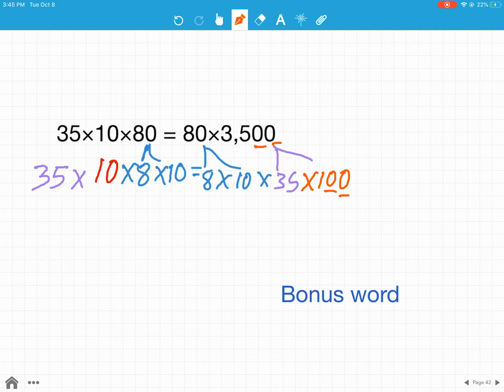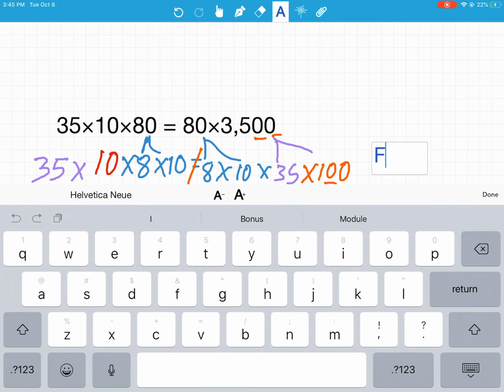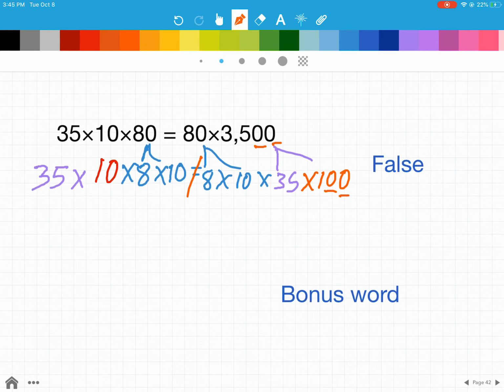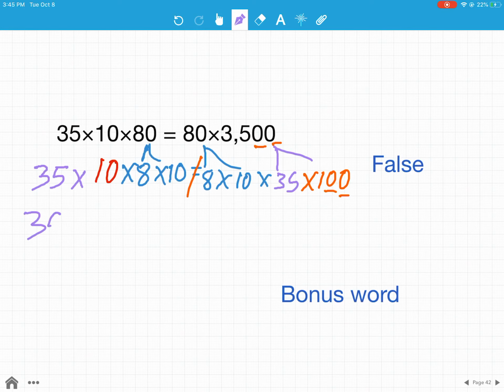All right, so here our proof is that it is not the same. This is false. Because we do have the 35s on both sides. We do have the 8 and the 10 on both sides.